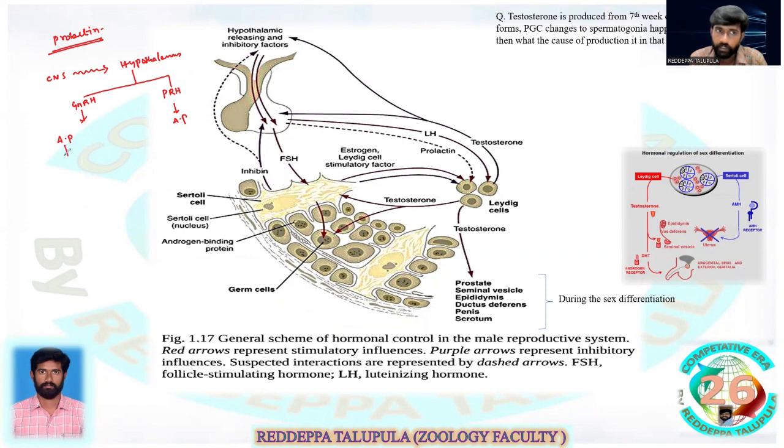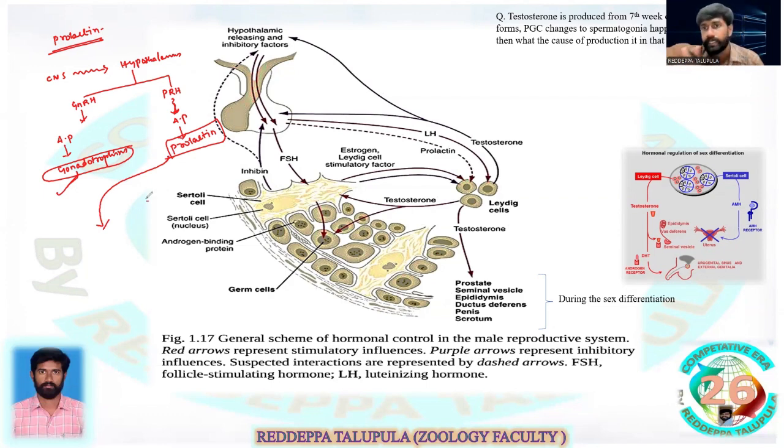Now, the anterior pituitary produces gonadotrophins, and with the signal of prolactin releasing hormone, it releases prolactin, the lactic hormone. Okay. See, already I discussed all those things. That is caused by the gonadotrophins. Now, prolactin.